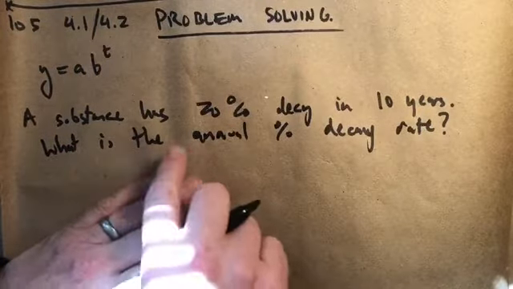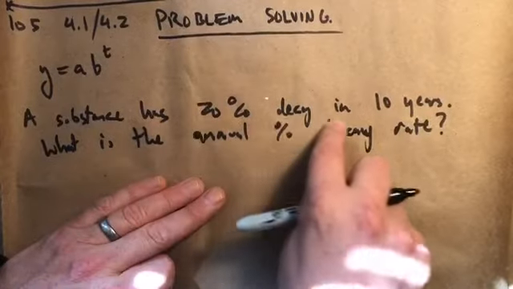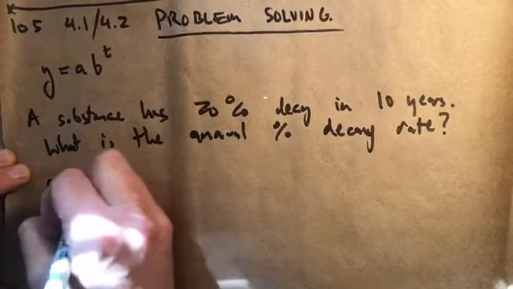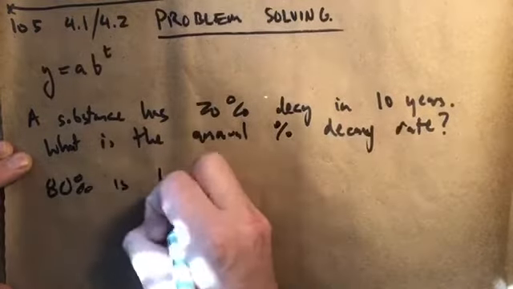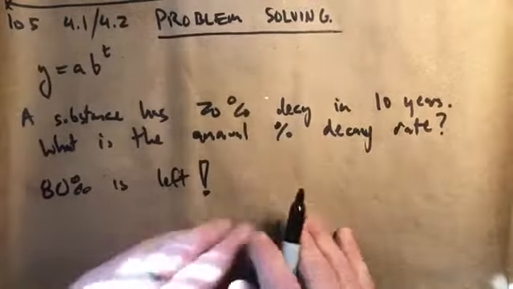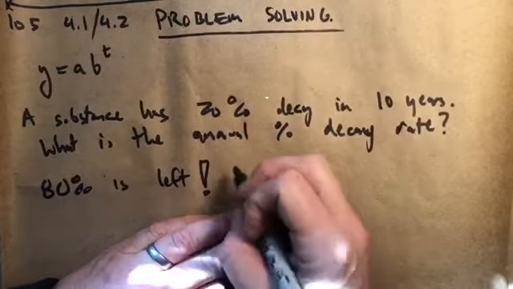But the takeaway here is 20% decay in 10 years. That means 80% is left. Well, 80% of what? 80% of our initial value.